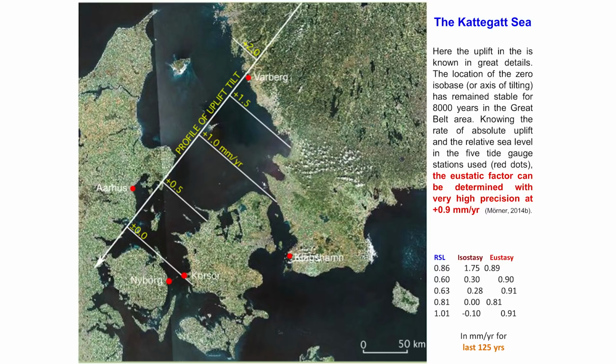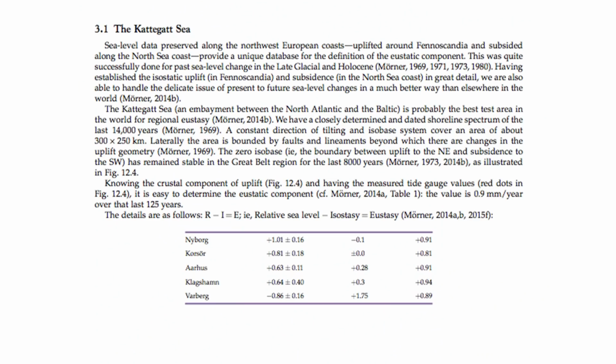First of all, the Kattegat area, where we know the uplift, and this area is 0. And then we have a lot of tide gauges, and we can check them, and you have the values at the other side. So it's about 0.9. You cannot escape it. It's a really very good value.